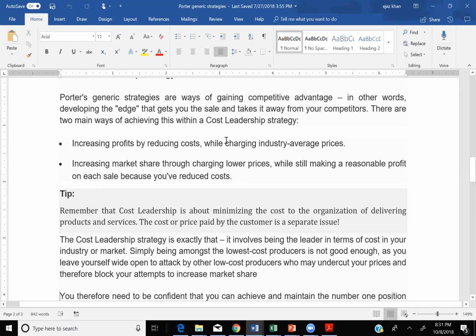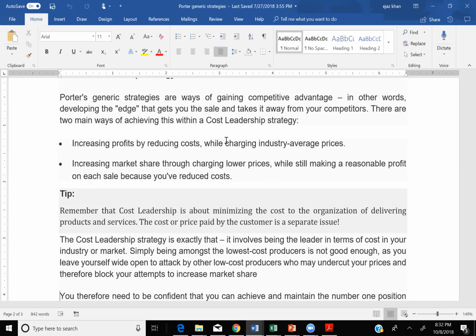On the other side, the product differentiation or the differentiation strategy is that if a company really wants to earn its required profit margin, it will have to provide premium features, unique features, so that it can charge a higher price to earn its required profit margins.